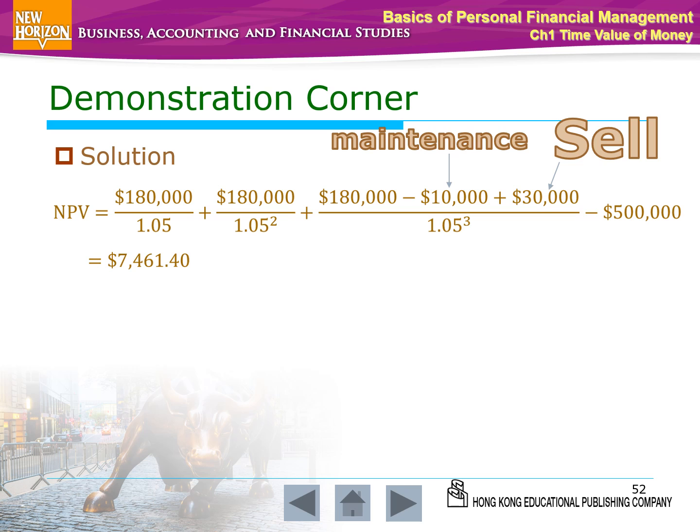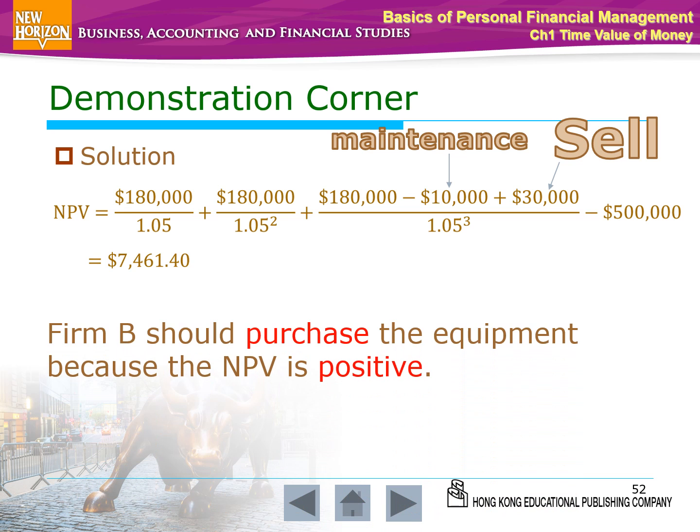So every figure should be discounted by 1.05 to the power 1, next 1.05 to the power 2, next 1.05 to the power 3. Remember, we should subtract the initial investment, that is $500,000. So we get a positive figure. So Firm B should purchase the equipment, and the reason is the net present value is positive.